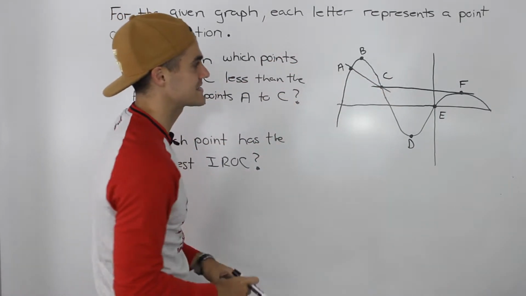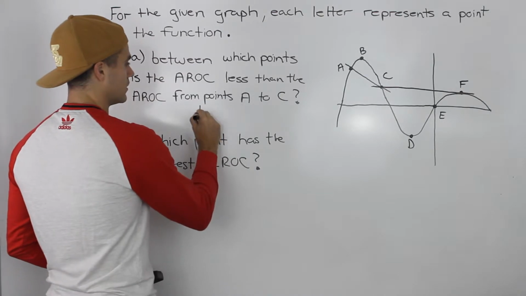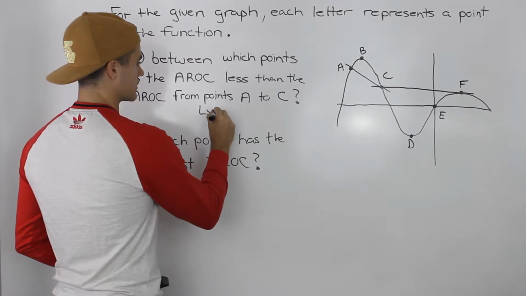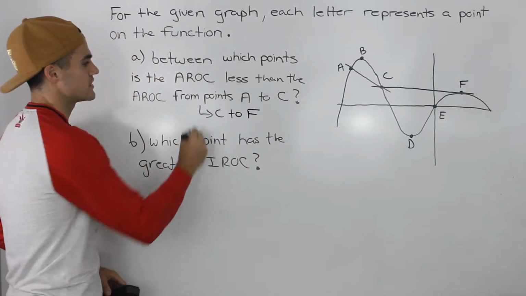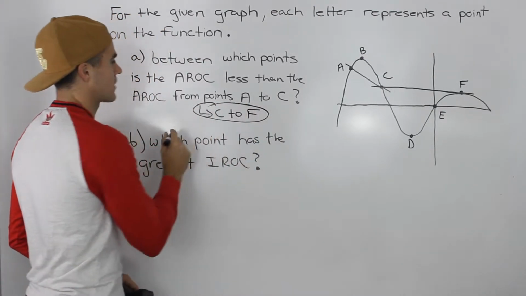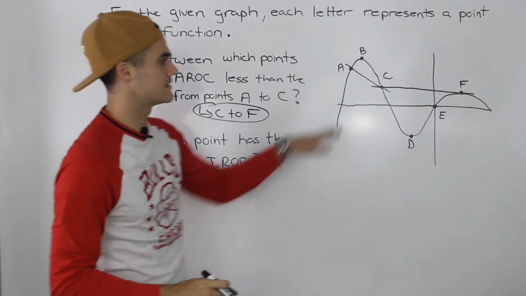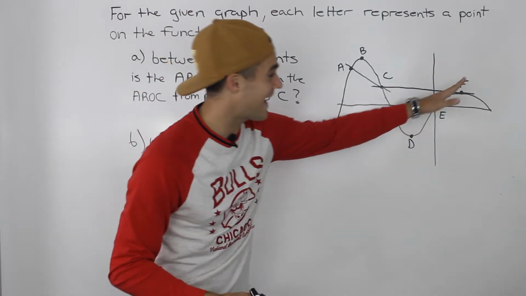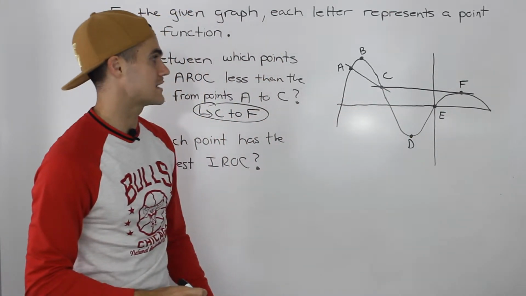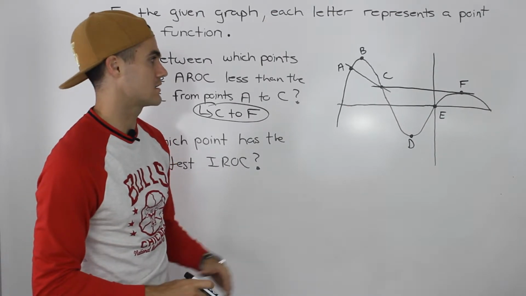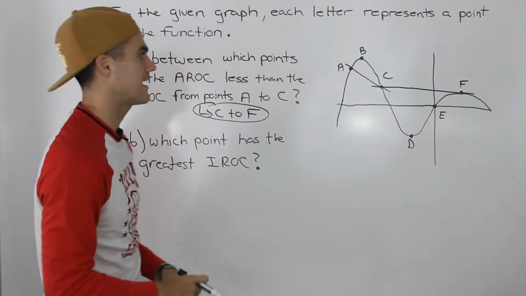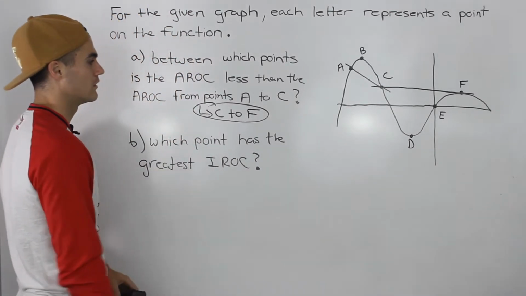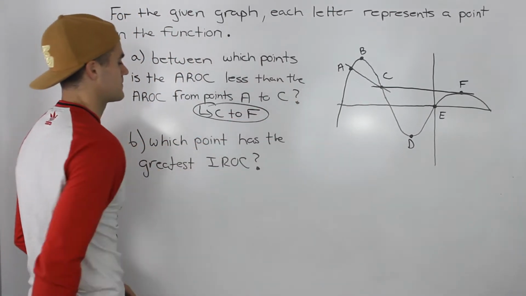Because it has a less steep slope. So C to F is the obvious answer on this graph for part A. Again, C to E may work, even E to F may work, but you don't want to take the chance. So C to F for sure is going to have a smaller average rate of change than A to C.